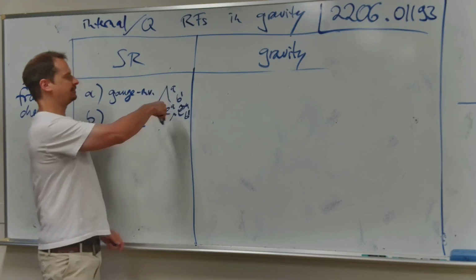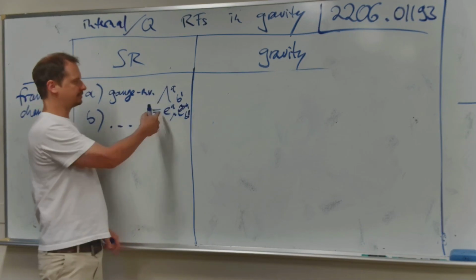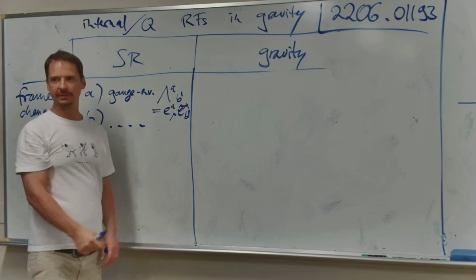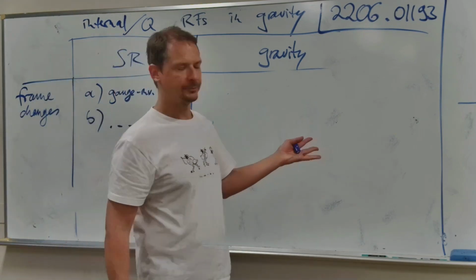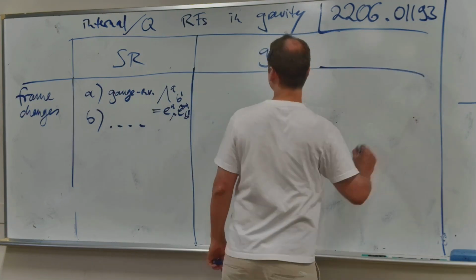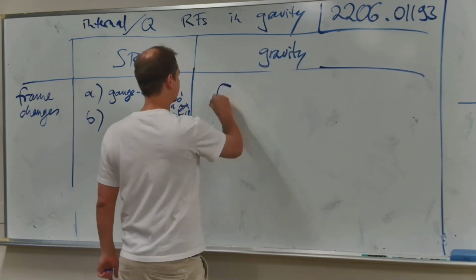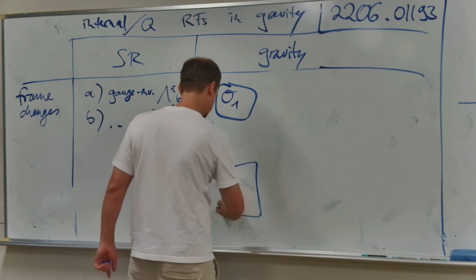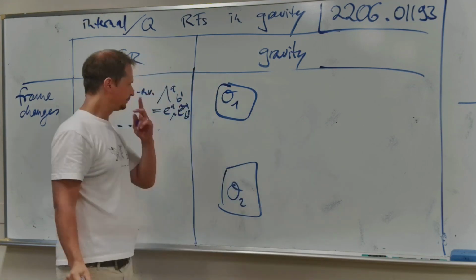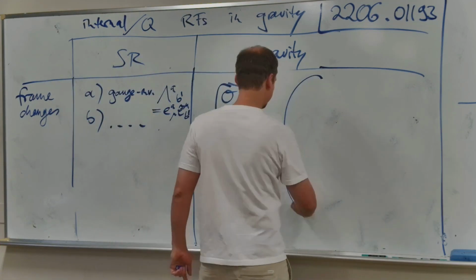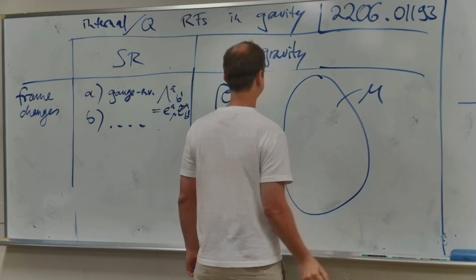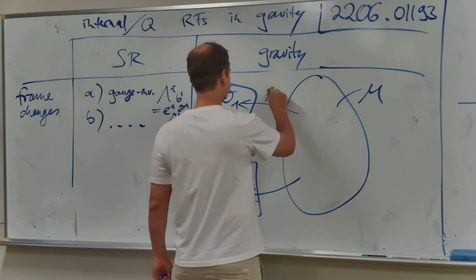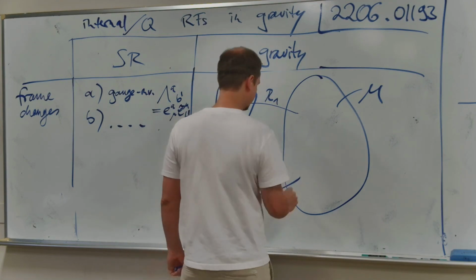But we're doing a Lorentz transformation by an amount that's given by the relational observable relating the two reference points. So it'll be the same thing now. We have now, call this O1, that's our O2, and here's our space-time M. R1, R2.